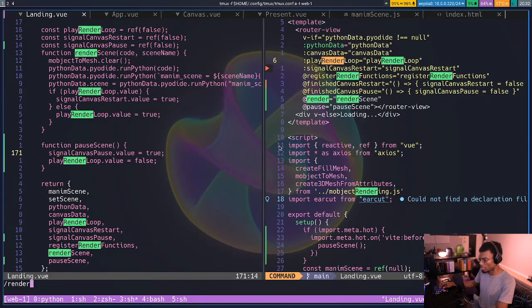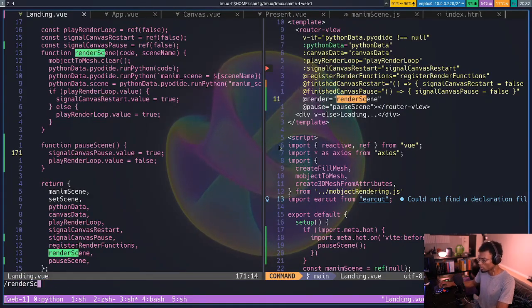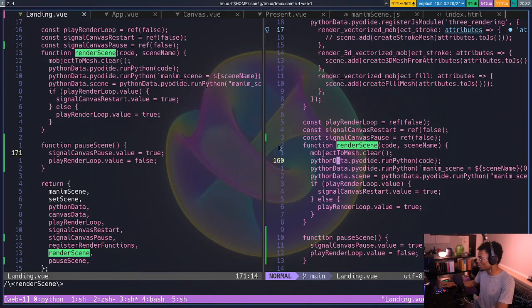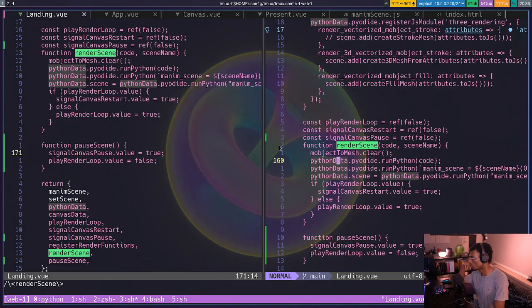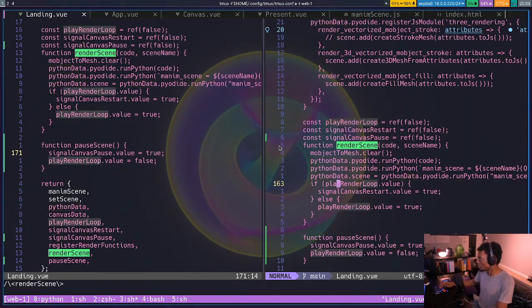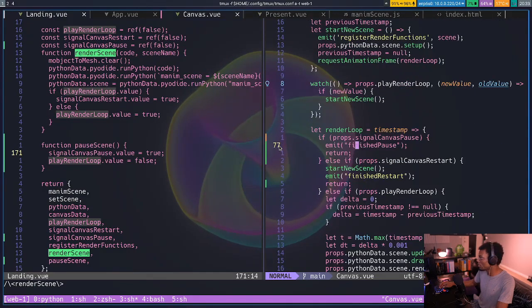And that should get a render scene here. If I render that value, that should be false. It should go here. I wonder if I print out if it's rendering.